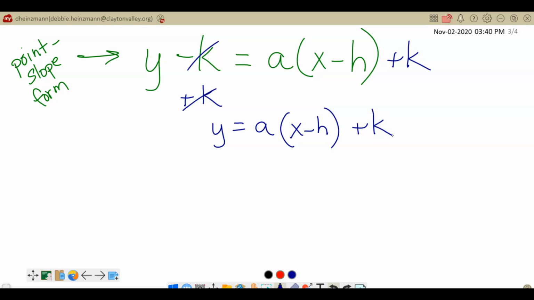Watch this. If we're just simplifying now, do you see that that's all I'm doing? I'm just playing the literal equation game. I'm simplifying this. So let's go ahead and do it. So now I've got y equals a times x minus ah plus k.